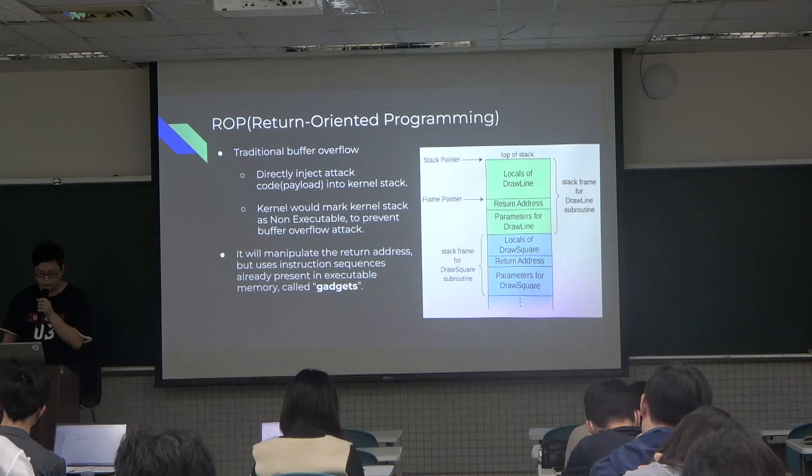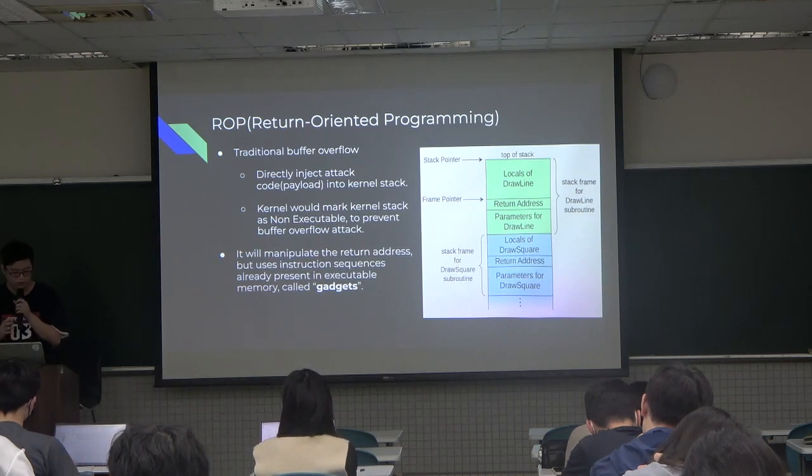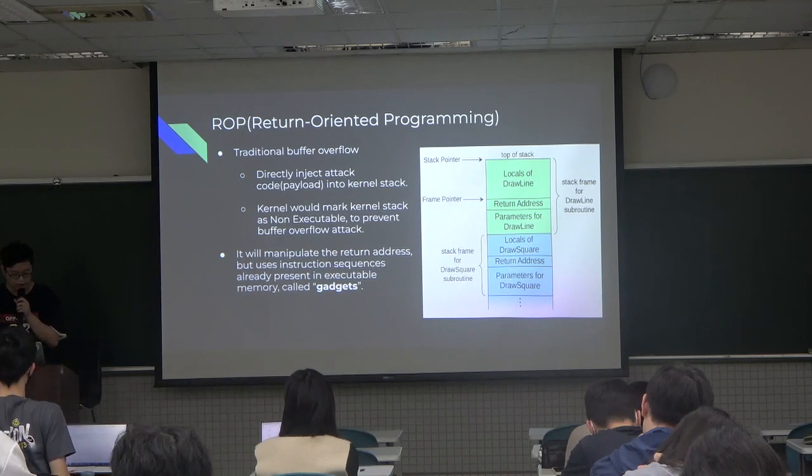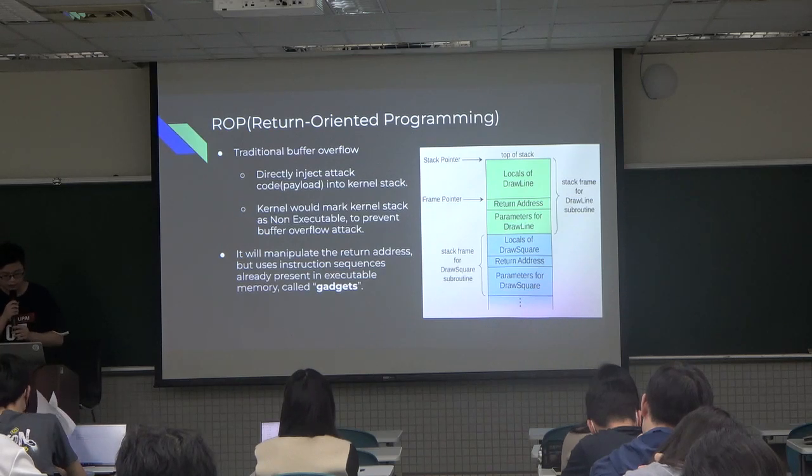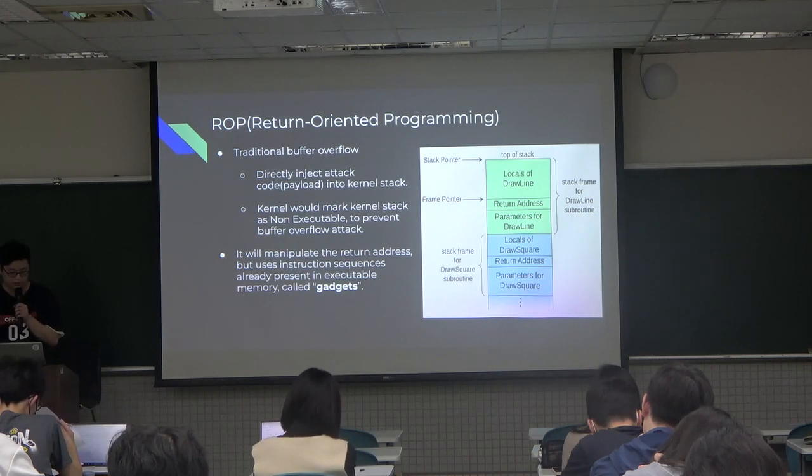In a traditional buffer overflow, the attacker directly injects attack code into the kernel stack, and the kernel will mark the kernel stack as non-executable to prevent buffer overflow attacks. But in ROP, it will manipulate the return address and use instruction sequences already present in executable memory, called gadgets.